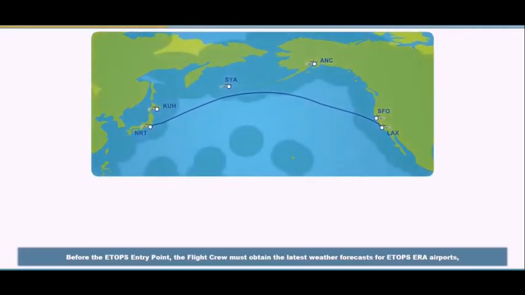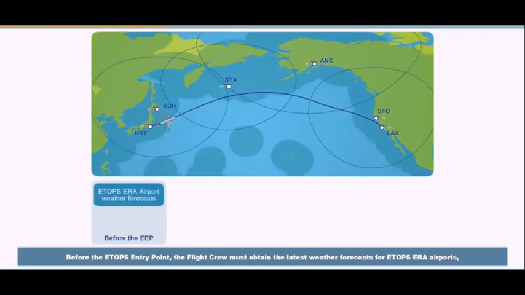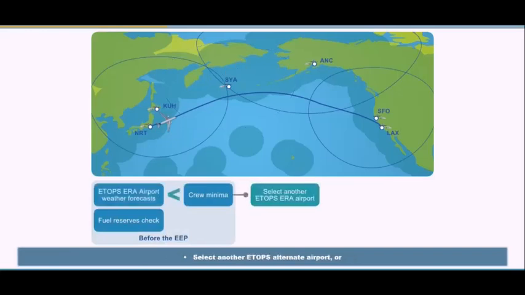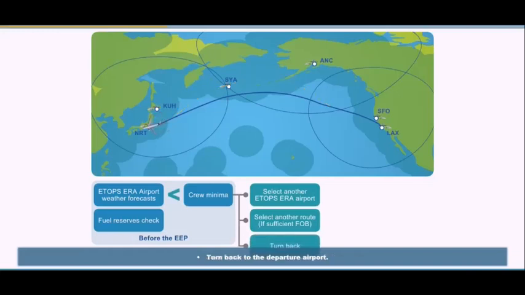Before the ETOPS entry point, the flight crew must obtain the latest weather forecasts for ETOPS CRA airports, and must check that the fuel reserves are compliant with the ETOPS required reserves. If weather forecasts are lower than the crew minima, select another ETOPS alternate airport, or select another route if the fuel on board is sufficient, or turn back to the departure airport.